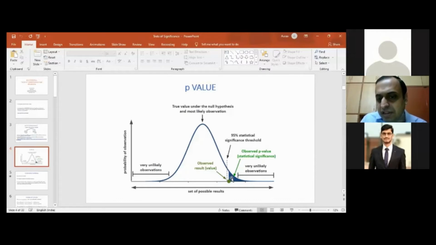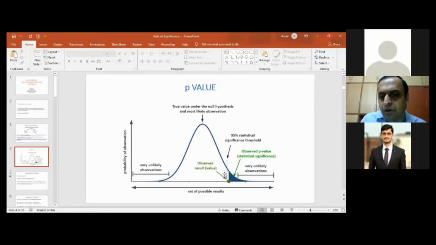Now if it is less than 5%, because 95% of the observations are mostly here, then we say that this mean is significantly different from the other 10 means.